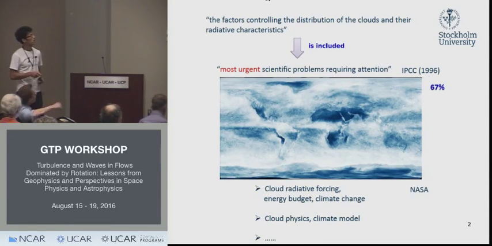We know that clouds cover almost 76% of the Earth. The factors controlling the distribution of clouds and their radiative characteristics were included among the most urgent scientific problems requiring attention in the 1996 IPCC evaluation.